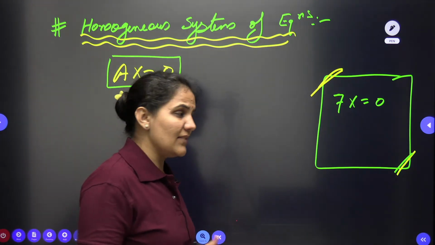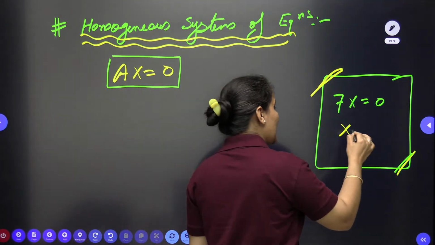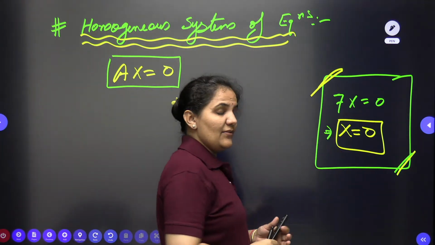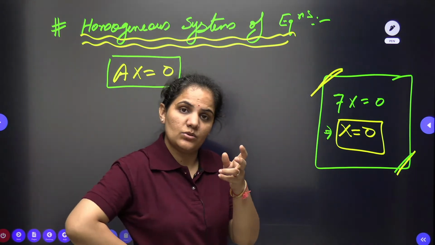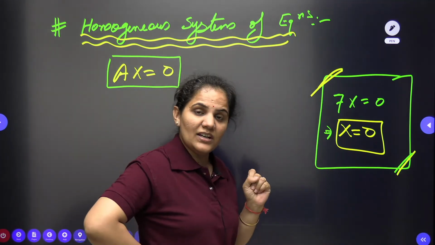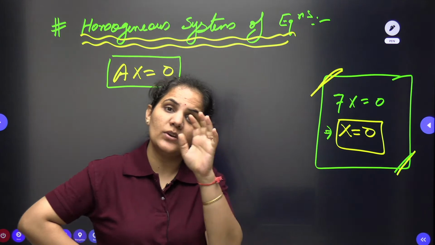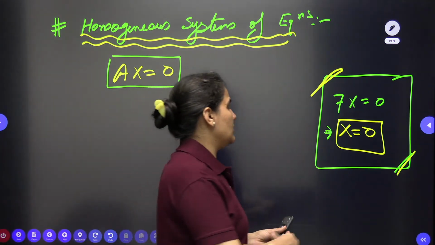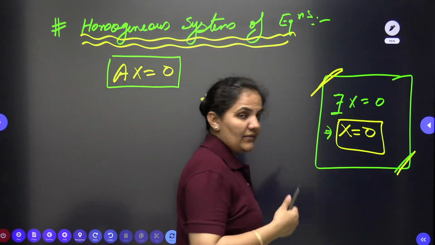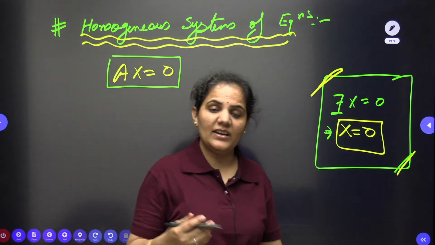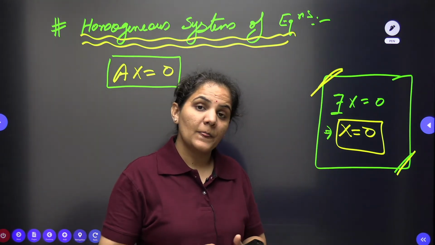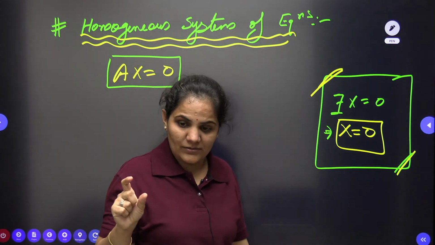7x is equals to 0 means x is equals to 0, yes. So can I say that when I am writing 7x is equals to 0, for this equation x is equals to 0 is always a solution? Yes, definitely. This is the concept of class 7th or 8th. We know very well, if I am writing somewhere 7x or ax or 5x or nx is equals to 0, it means my x is always equals to 0.